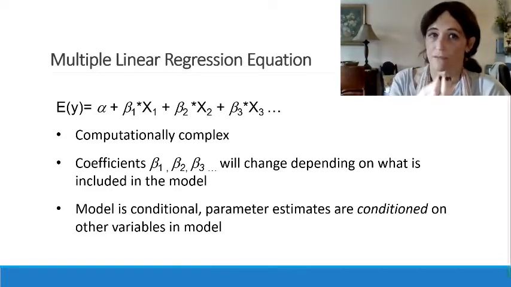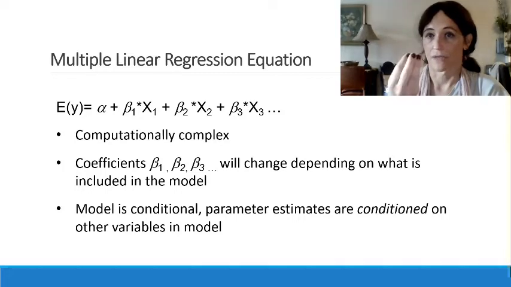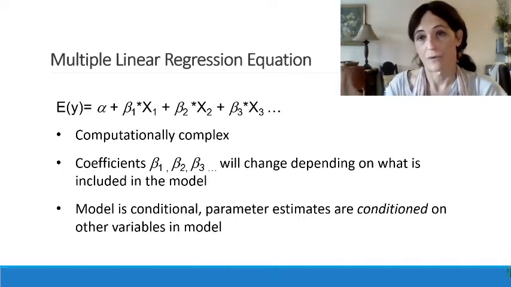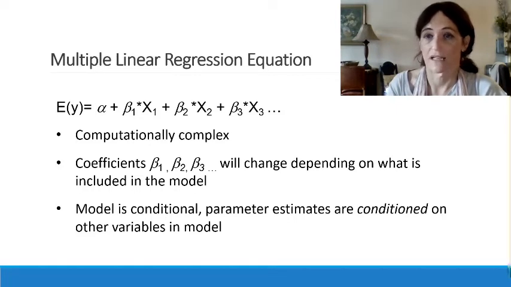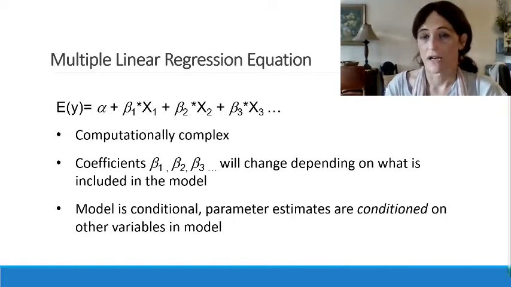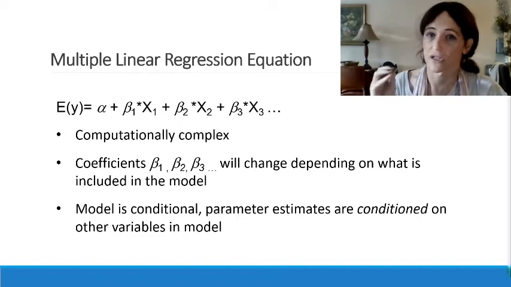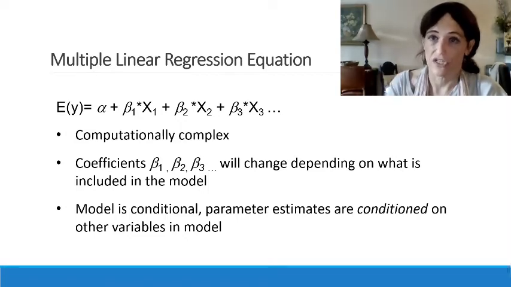As we run multiple linear regression models and we add variables to the model, we will notice that our coefficients change ever so slightly. Often that's interesting to us because it may suggest the presence of confounding, but it also does slightly change the interpretation of those coefficients.